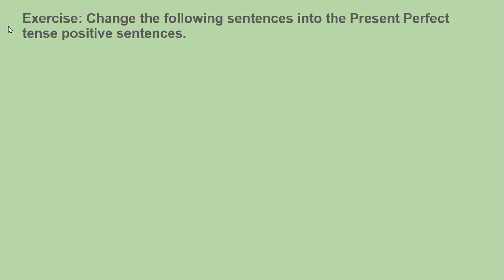So the exercise is as follows. Change the following sentences into the present perfect tense positive sentences. So our sentences should be in the present perfect and they have to be positive sentences. Number one, it says here, Emmy kicked the ball very well.